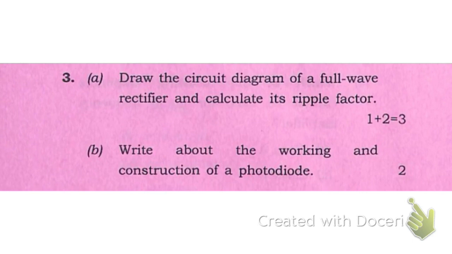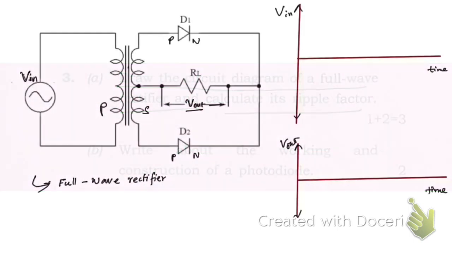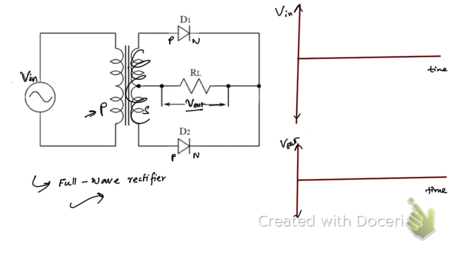Next question: draw the circuit diagram of full wave rectifier and calculate its ripple factor. So now let's draw the full wave rectifier diagram. This is the diagram of full wave rectifier. Here this is the primary coil, and here we have the secondary coil, and we have 2 diodes, D1 and D2.